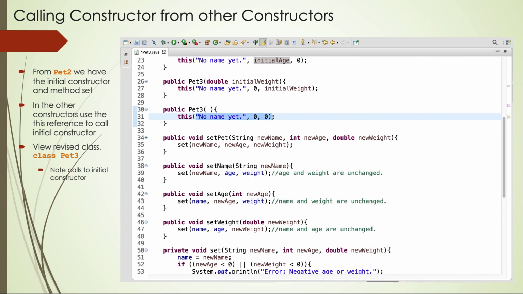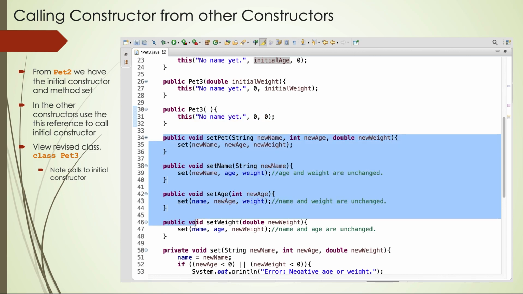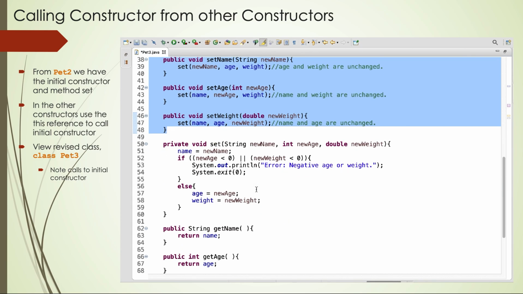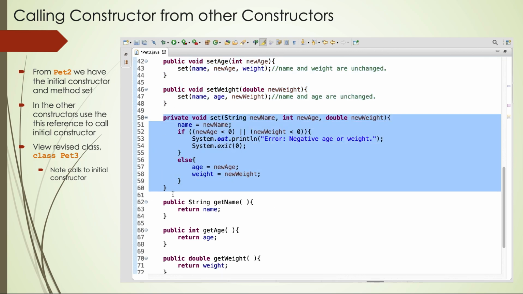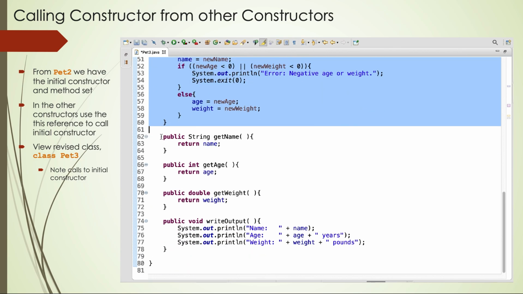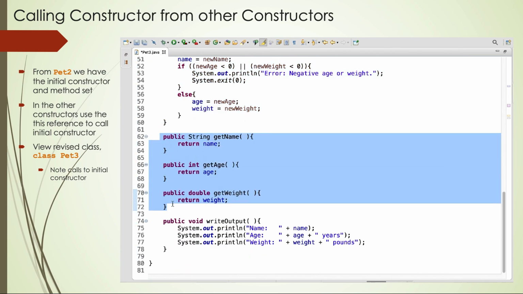Okay, then here we have our setters, the same as before. And then here we have again the set method that is setting all the values to our instance variables. And we have the same getters.